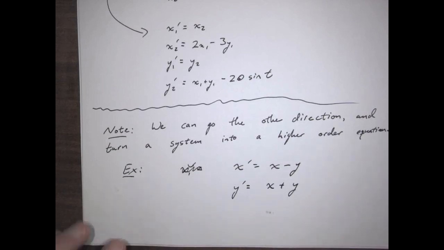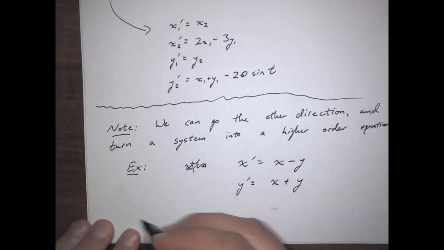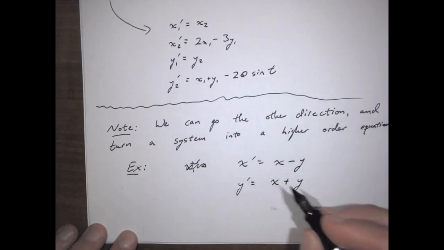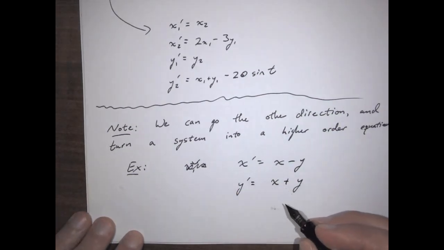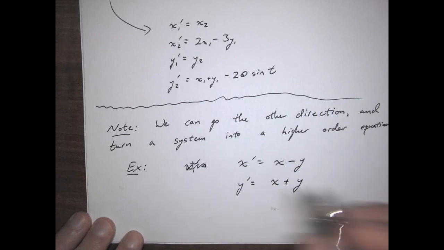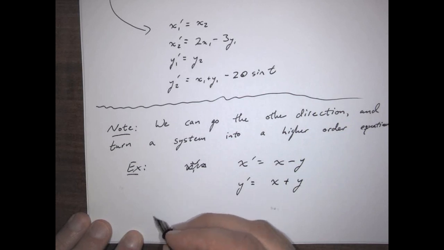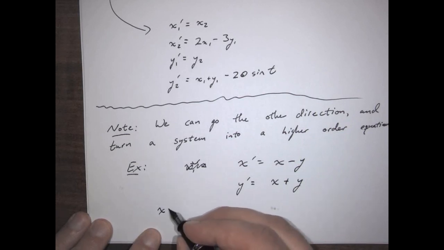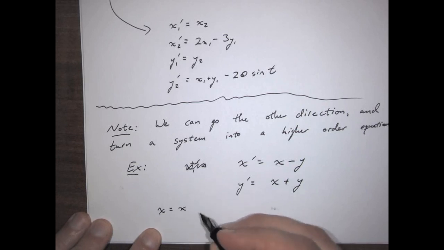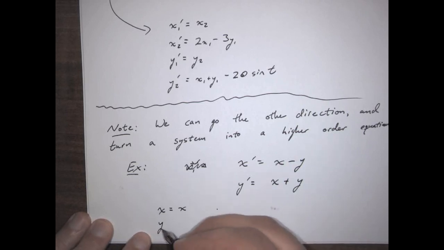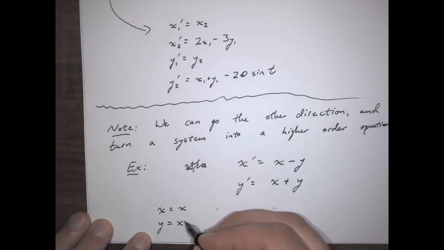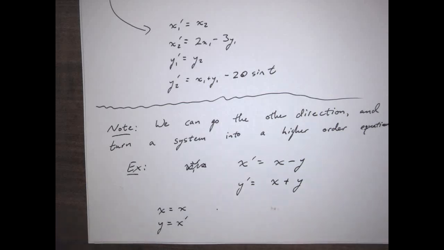Now, the way this is going to work is that we essentially are going to go through a very similar process to what we did before, where we're just going to now take it in reverse, and we're going to say that x equals x, and we're going to say that y is equal to x prime.